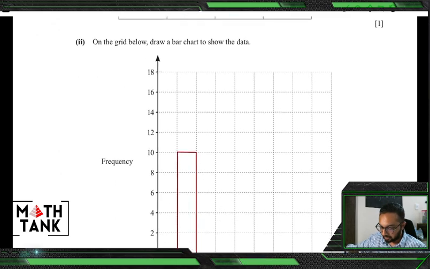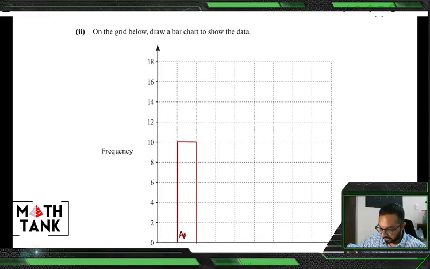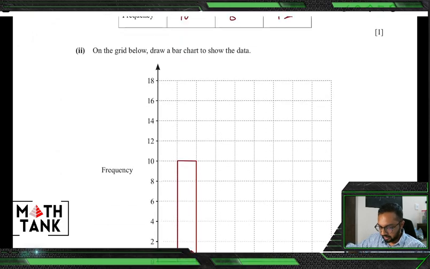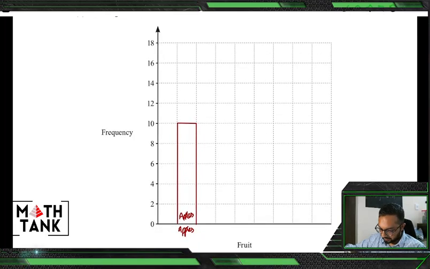I'm going to write inside it: this is the bar for apples. So I can write a small "apples" here, or beneath it as well. It's your choice. Banana is 8, so that goes here.